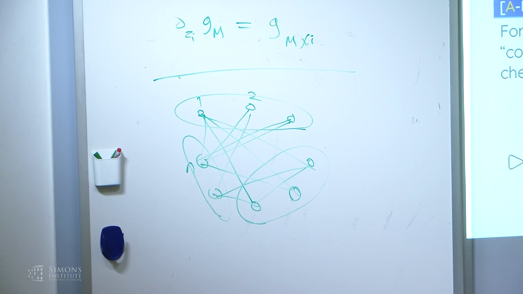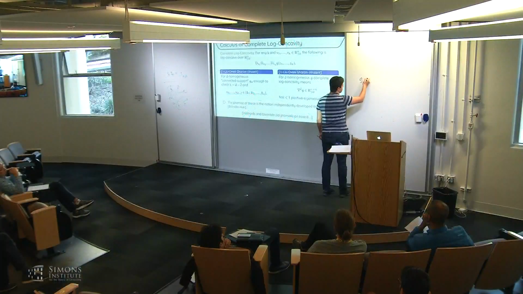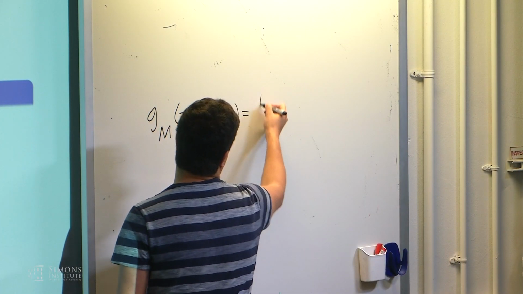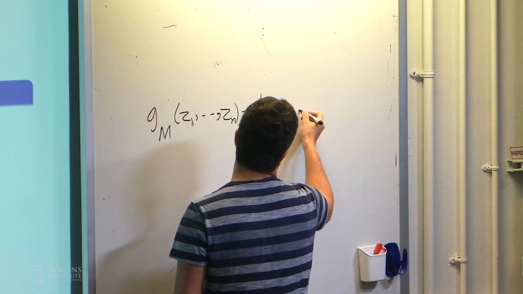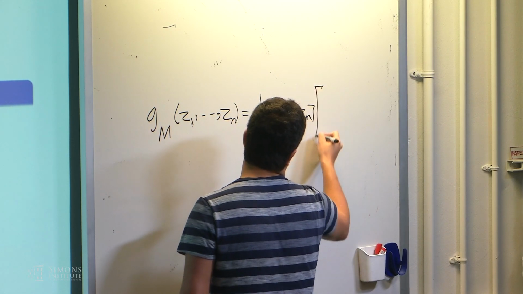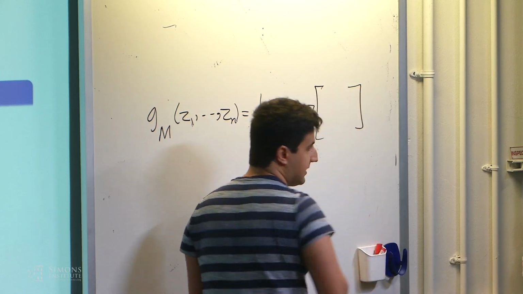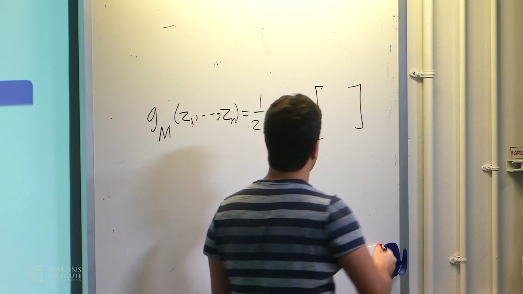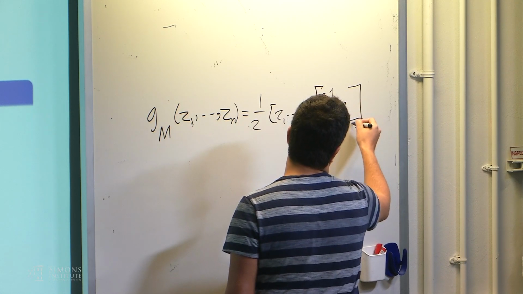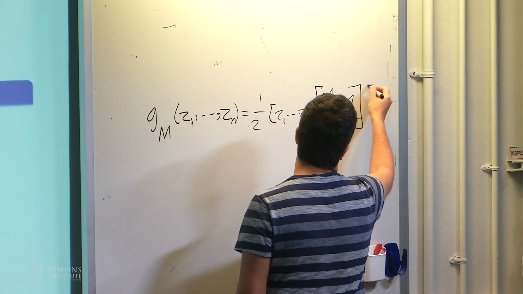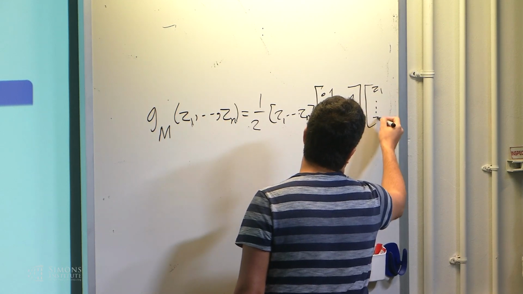And it's going to be of this form. It's going to be 1/2 z1 up to zn times a matrix, which is basically the adjacency matrix of that graph, so zeros on blocks on the diagonal and ones everywhere else, times z1 up to zn.